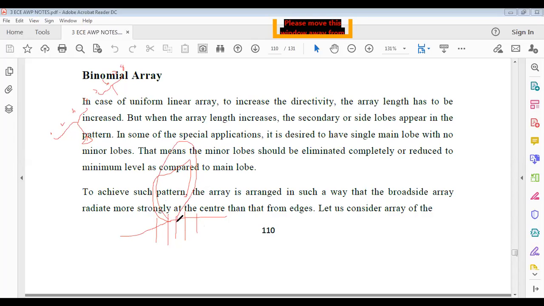Instead of the side lobes, just cross these side lobes like this, and without the side lobes, I want the main lobe only. To achieve such a pattern, the array is arranged in such a way that the broadside array radiates strongly at the center than from the edges. That is the point here.